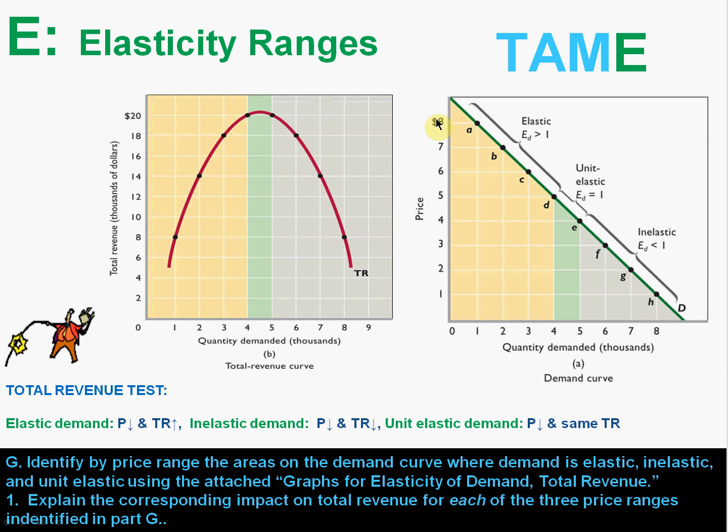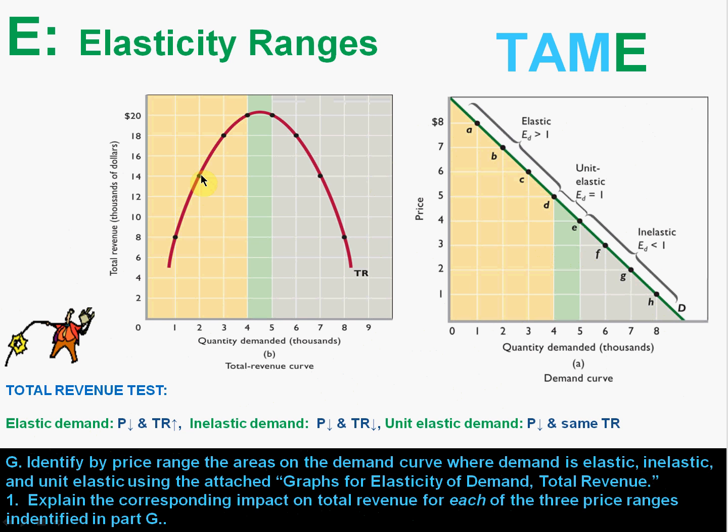Price times quantity equals total revenue. So 8 times 1 equals 8. That gives us our first point over here on the total revenue curve. When we dropped the price to 7, 7 multiplied by 2, price times quantity, is 14. We now can plot 14 out here on quantity of 2.